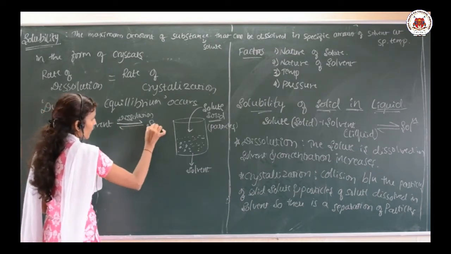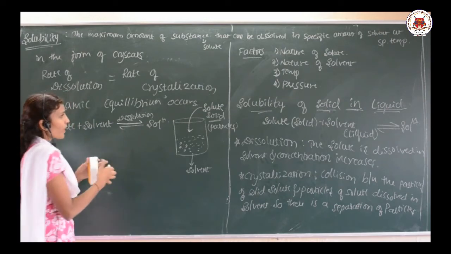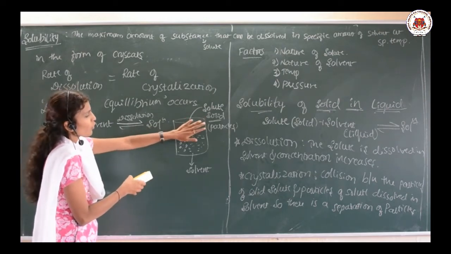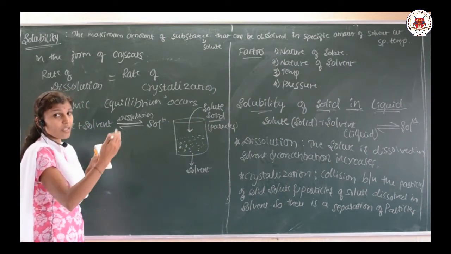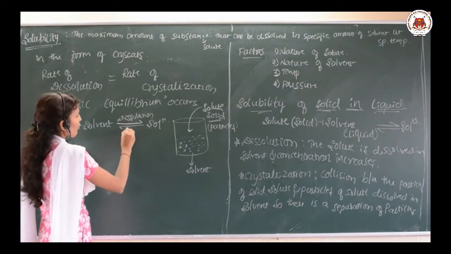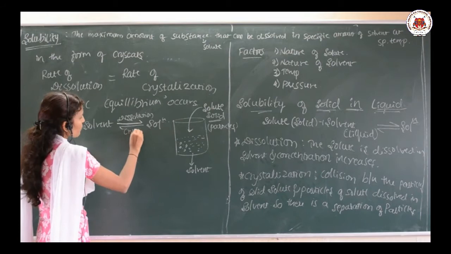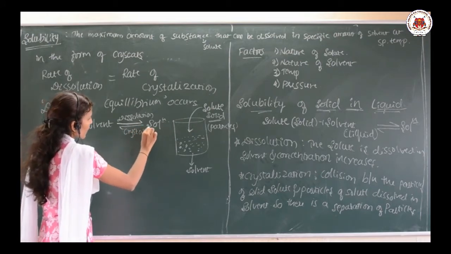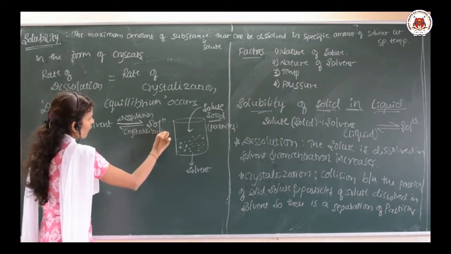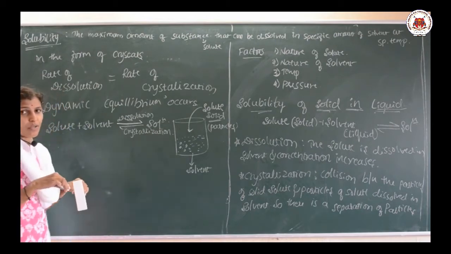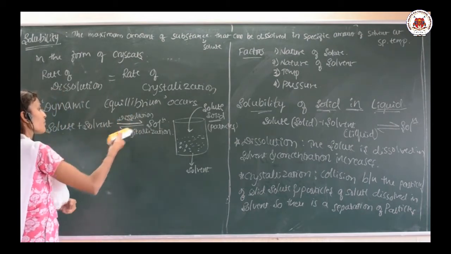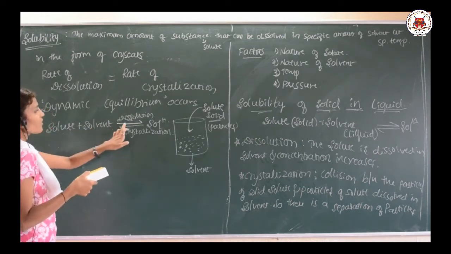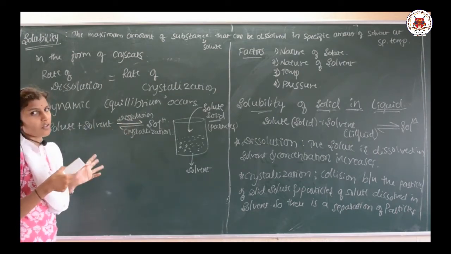Reverse, and there is a solution. So when I am adding this solute, and here also some particles, they will collide with each other and get separated in the form of crystals, means this backward reaction is crystallization. So when the dissolution and crystallization become equal with each other, there is a dynamic equilibrium.